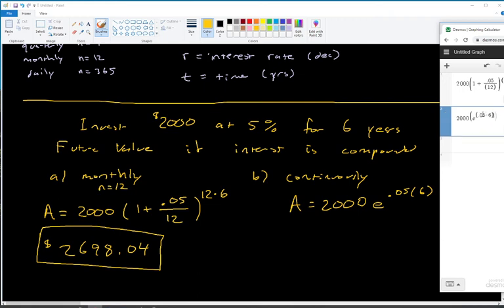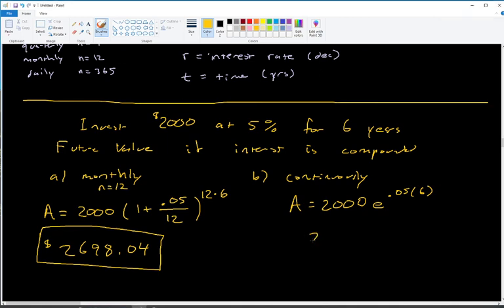This should be a little bit larger than the 2698, and we get 2699.72. So it's like $1 more because you're compounding more times per year. So actually, it's not even that much. 2699.72.